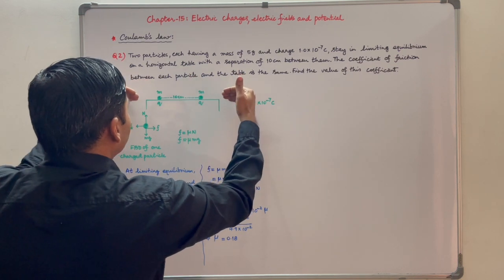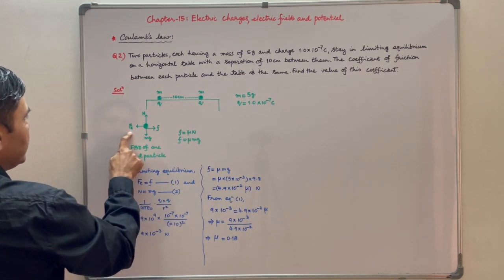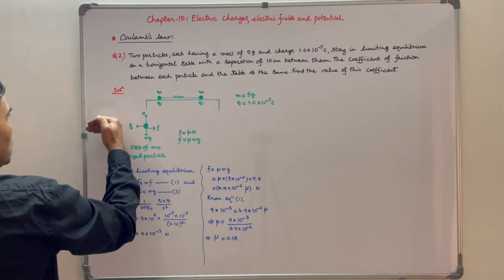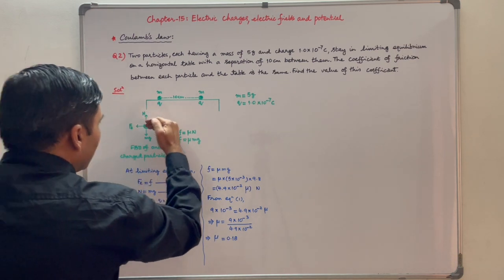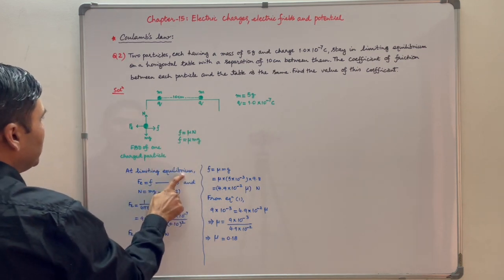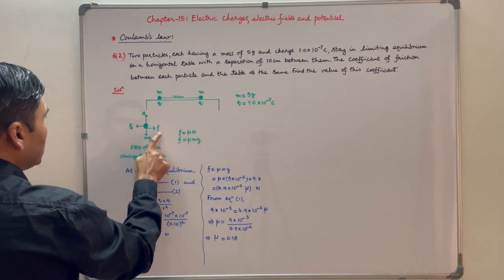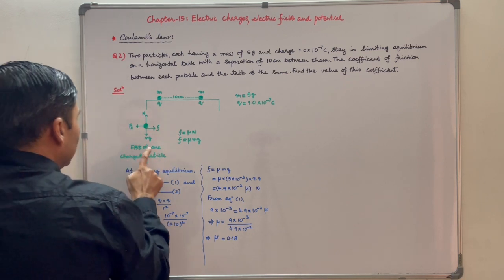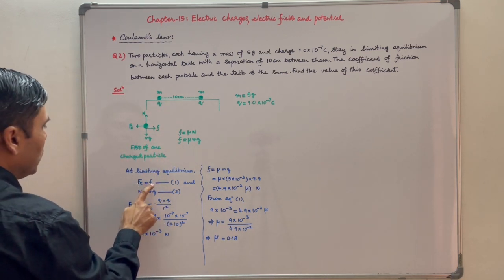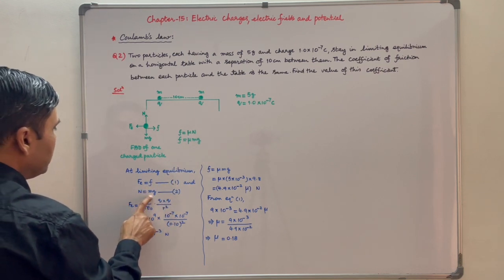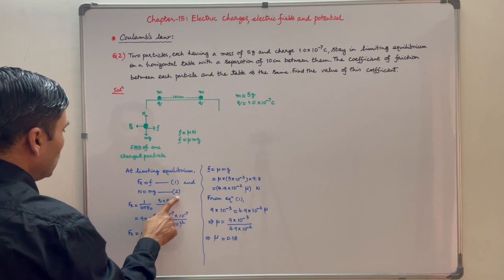So Fe represents the repulsive force. Since the particle is tending to move in this direction, the friction force will be in the opposite direction. At limiting equilibrium, we will equate horizontal forces with horizontal forces and vertical forces with vertical forces. That means Fe = F, suppose this is equation number 1, and N = mg, suppose this is equation number 2.